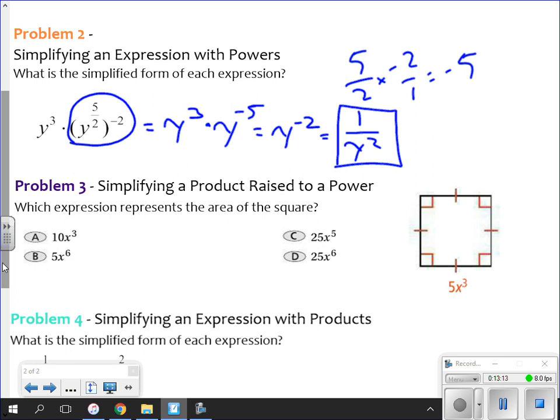Do the powers first, do the multiplying by adding the exponents next, and then if you have any negative, you put it on the bottom. One step at a time, it's not overwhelming. If you look at the problem as a whole, it can be overwhelming. I'm going to ignore this part and just do this. Makes it a lot easier to get it finished.